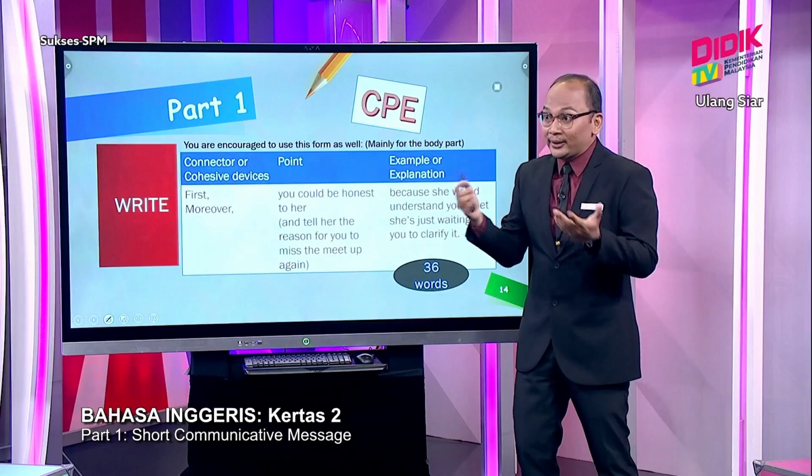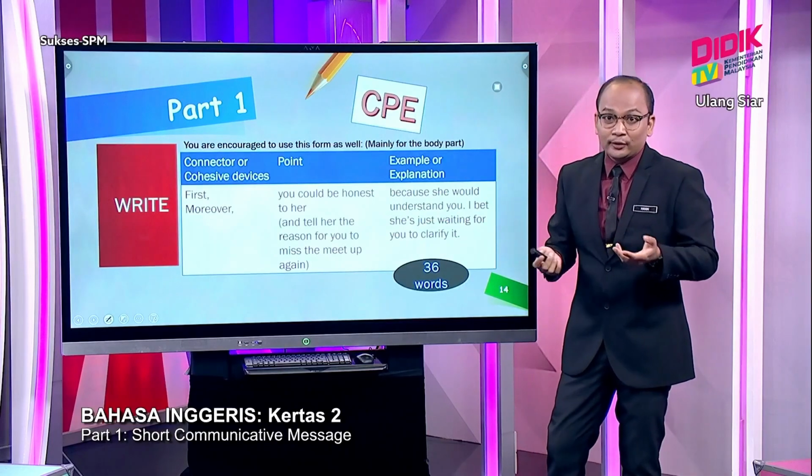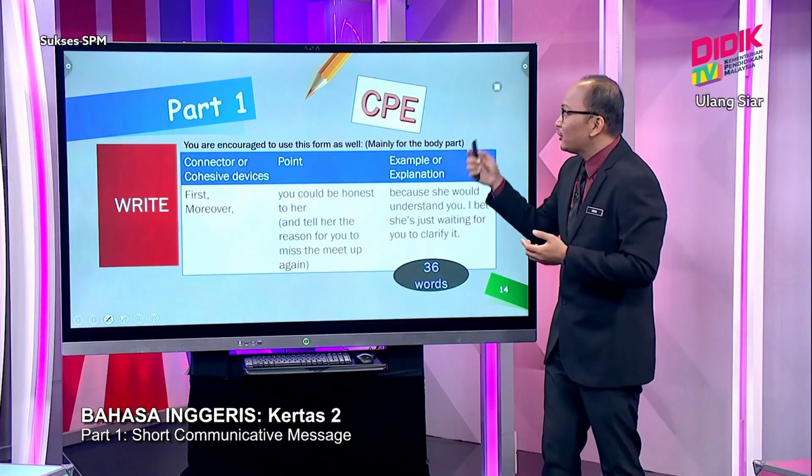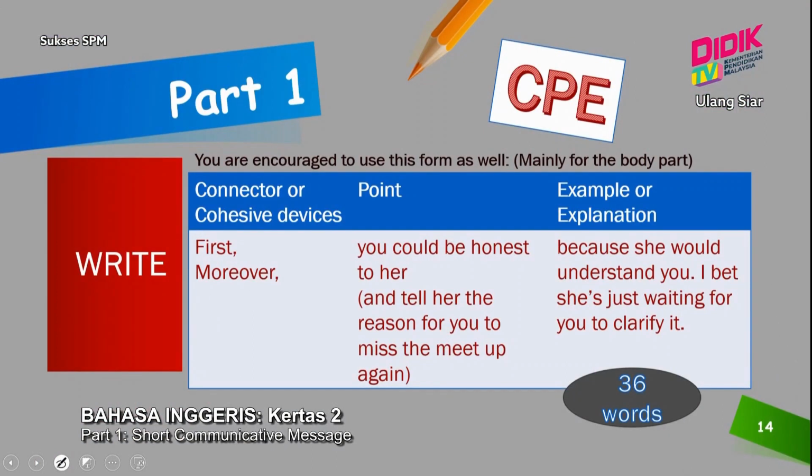And how can we actually write? This is also one of the techniques that I like to introduce to our students. Try to use CPE. It's an acronym. C is for connectors or cohesive devices, P is for point, and E is for example or explanation.